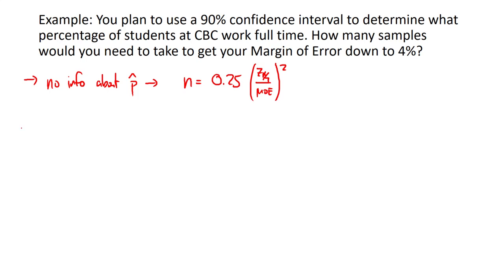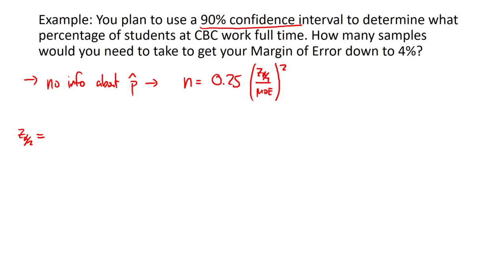But how do you know what that z-score has to be? Because we know the confidence interval that we're going to construct. The confidence level should always be picked in advance of a study.